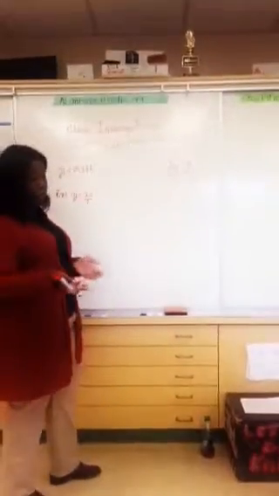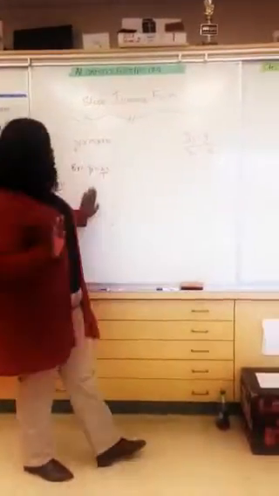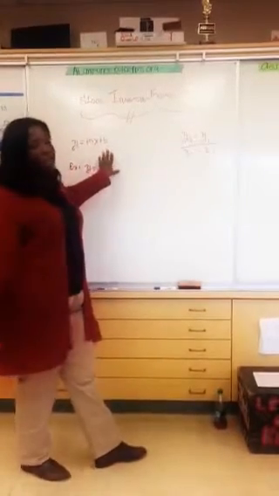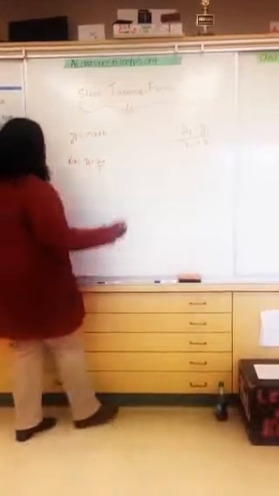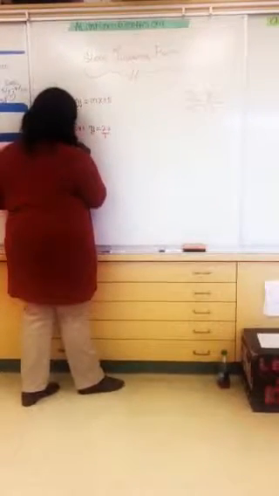Now, for example 2, I'm going to give you one where you need to do a little more work, where I'm going to give you your y-intercept in the equation. So I'm just going to add on to your example 1.